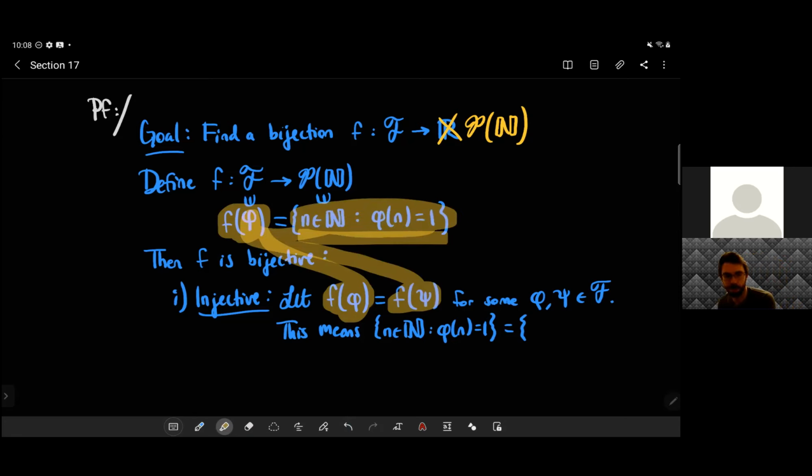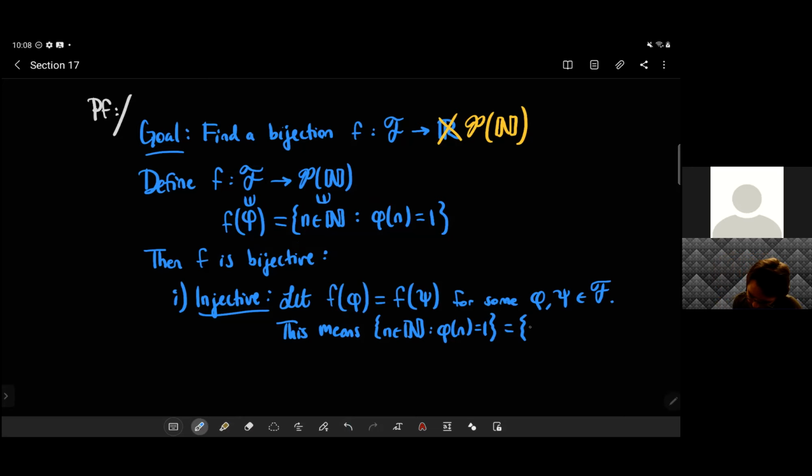So it'd be the set of all naturals that have psi of n equal to 1. So those two sets are equal, and let's just have a shorthand. Let's call them A and B.